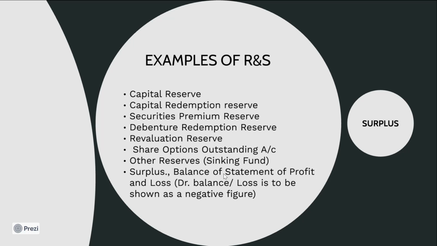In case it's a debit balance, the loss has to be shown as a negative figure. Now, the last item here, surplus balance of statement of profit and loss. Let's go into detail on what this means.